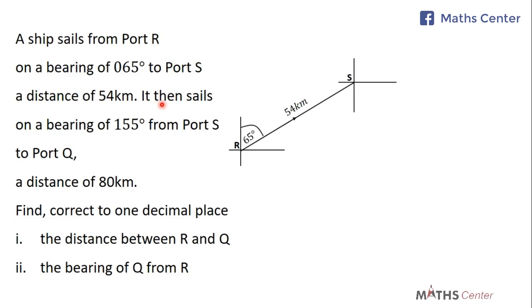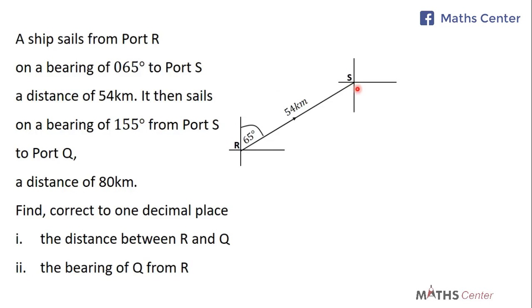It says that it then sails on a bearing of 155 degrees from Port S. So for the second part of the journey, it started from Port S. That is why I've drawn the X and Y plane on Port S. So this ship started sailing from Port S to Port Q. So the starting point is Port S. The ending point is Port Q on a bearing of 155 degrees.